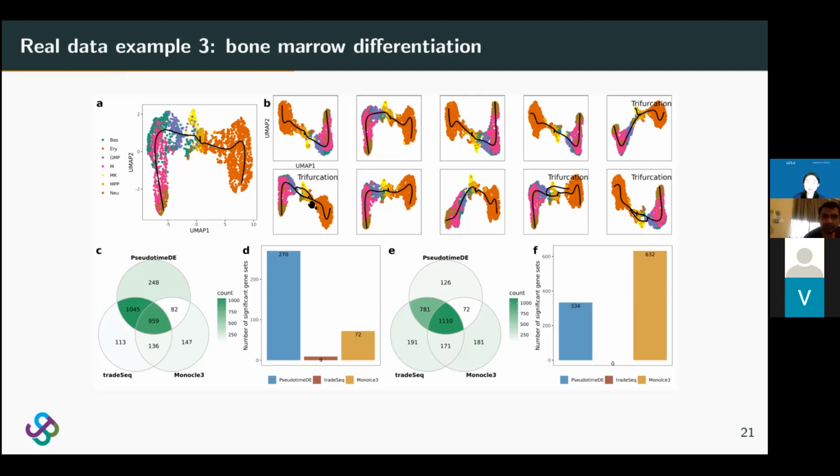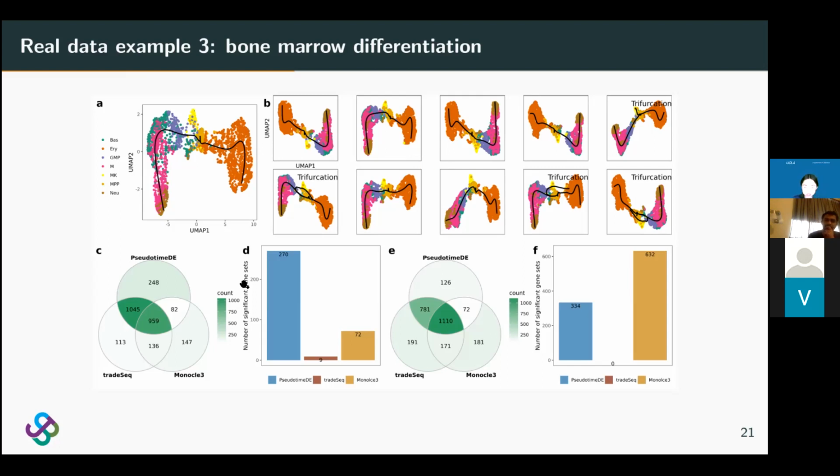Otherwise, if the subsample has trifurcation trajectories, we will have some issue about matching the lineages, like which trajectory we should match between here and here. And that actually complicates the issue. Okay, so we only keep the subsamples that maintain the topology.